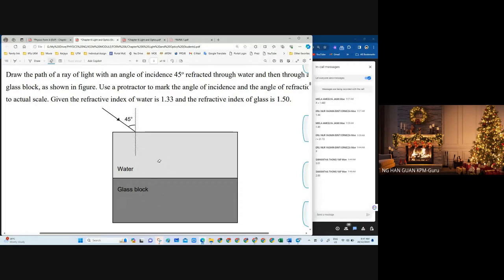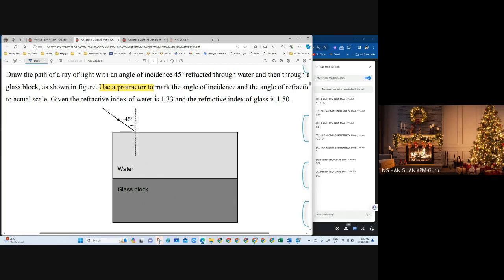So many students will do this question wrongly. Okay, you can draw it later. You can use a pencil to complete the diagram later. Now I just want you to focus on telling me the answer.